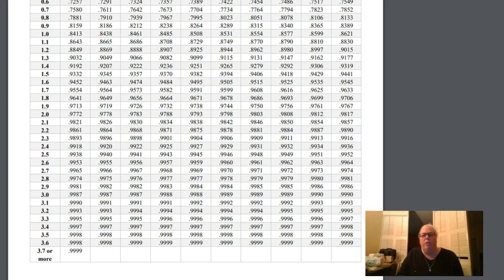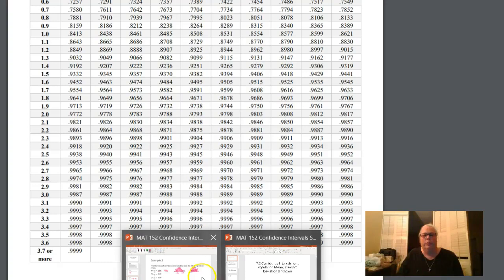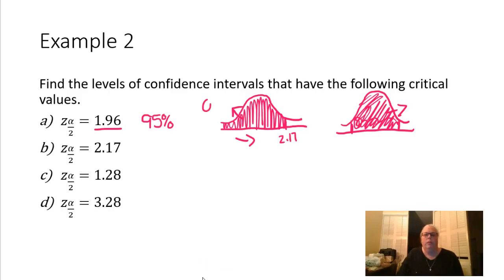And I see that the area under the curve is 0.9850. Okay, so that means that the area back here is 1 minus that. And 1 minus 0.9850 is going to give me 0.0150.